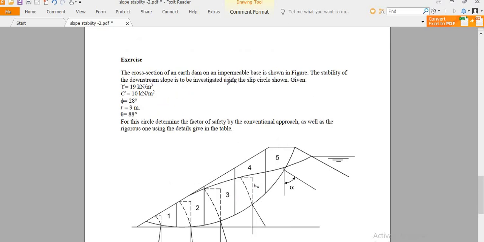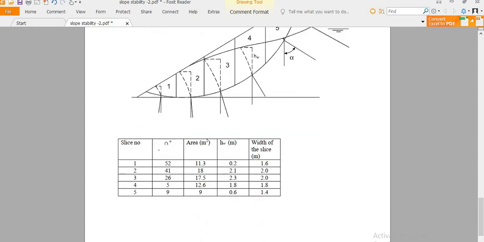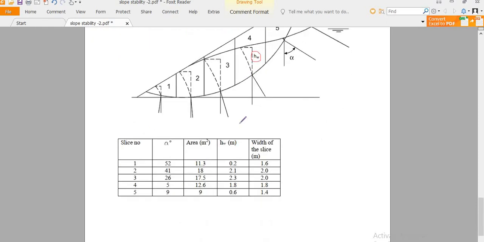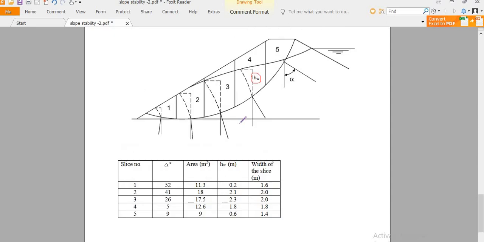These are the exercise values: gamma, C dash, T, R, theta are given, along with this table. Here you can see the HW value, and the slice number, alpha, area, W, and the width of the slice is given.